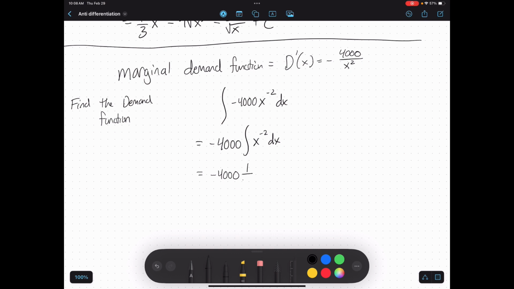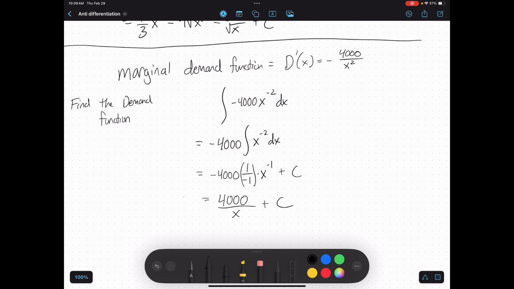That gives me 1 over negative 1 times x to the negative 1 plus c. Well, 1 over negative 1 is just negative 1, and negative 1 times negative 4,000 gives me positive 4,000 times x to the negative 1. If I have a negative exponent, I can just move that to the denominator, so I end up with 4,000 over x plus some arbitrary constant, and that's my demand function.